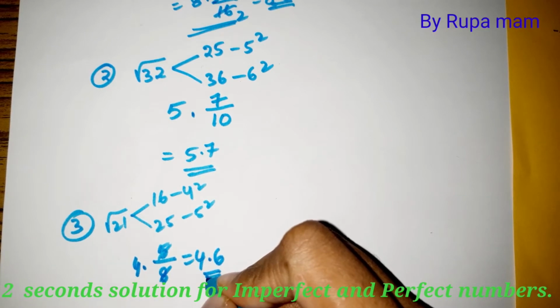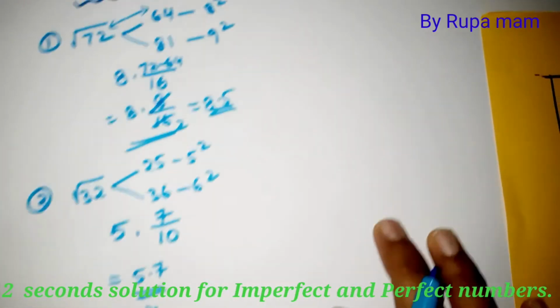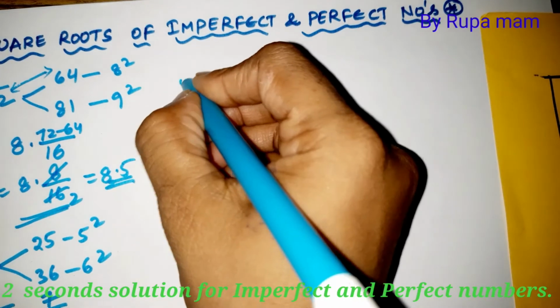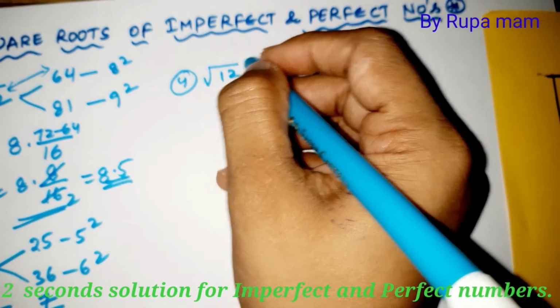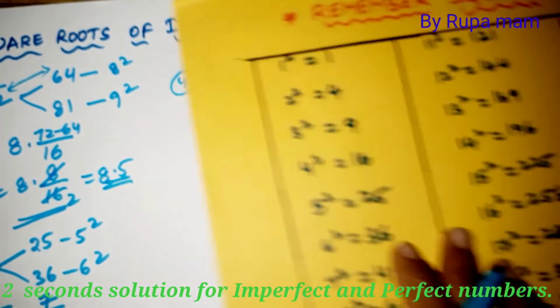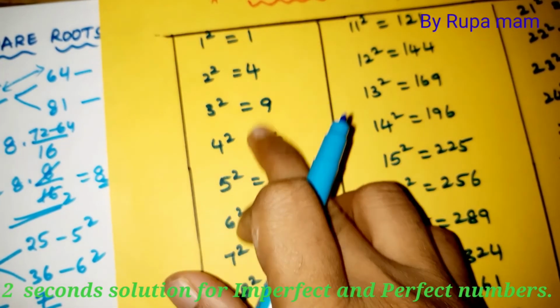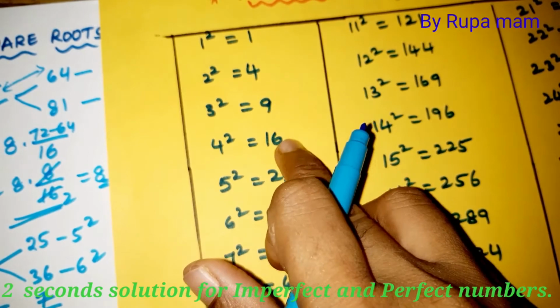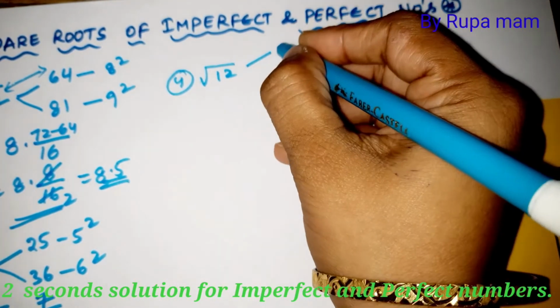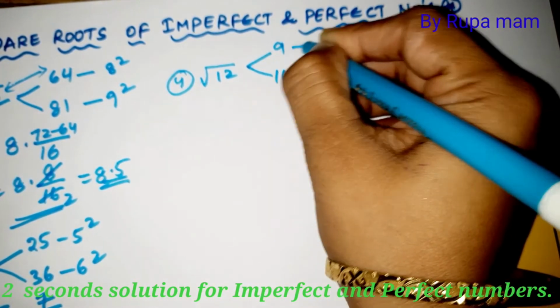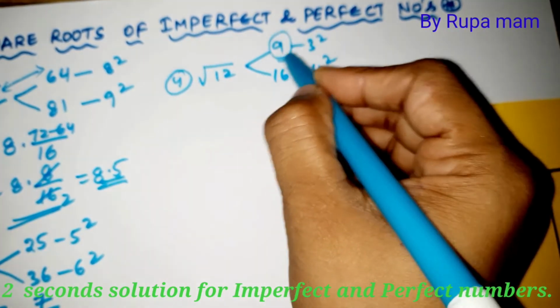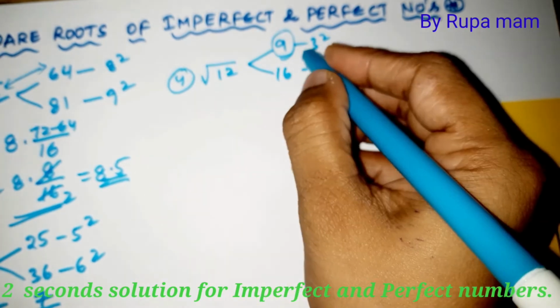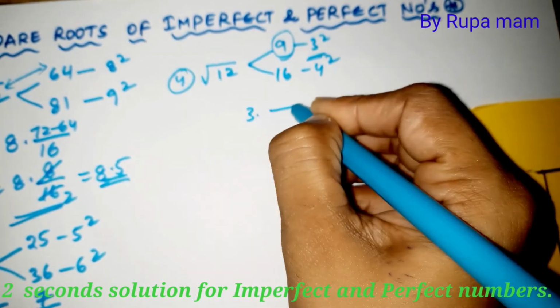These are some of the imperfect numbers. Another example, the fourth example, root over 12. Here 12 is present between which squares? 3 square and 4 square, that means 9 and 16. Here 9 is lower than 12, so I am taking only 3. 3 double is 6.